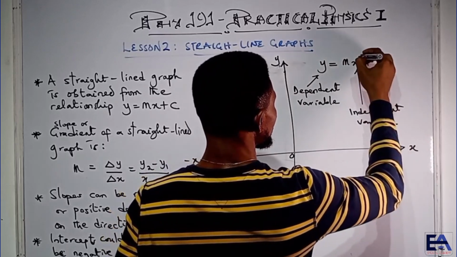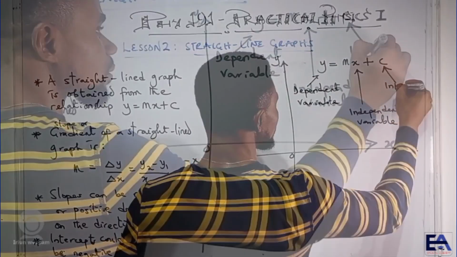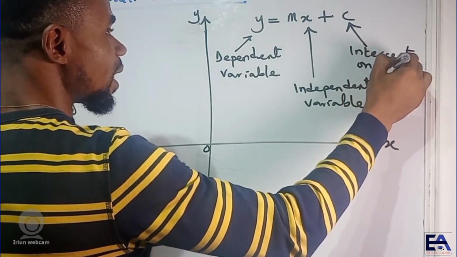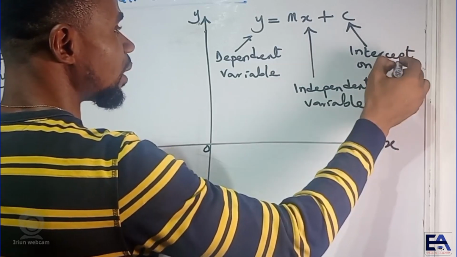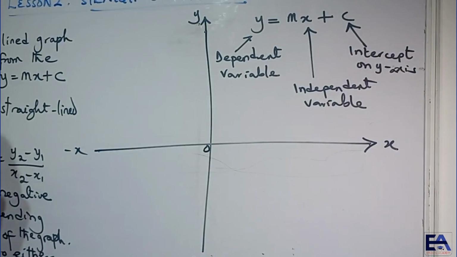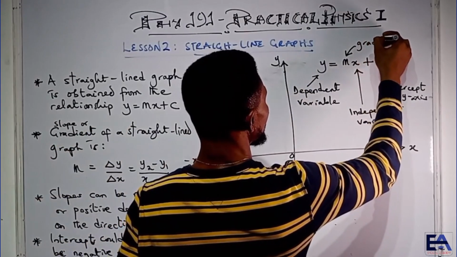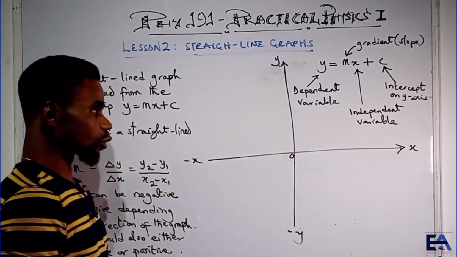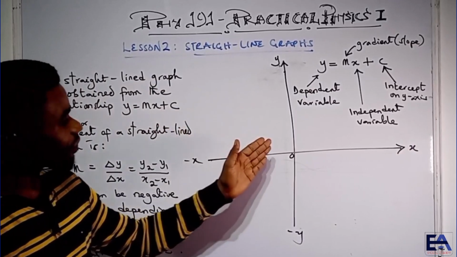This c here represents the intercept on the y-axis, which means the place where the graph cuts across the y-axis, and this m here represents the gradient. You can also call it slope. I will explain every part of it.